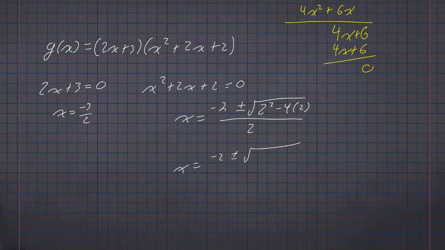Two squared is 4, 4 times 2 is 8, 4 minus 8 is negative 4. And the square root of negative 4 is 2i.